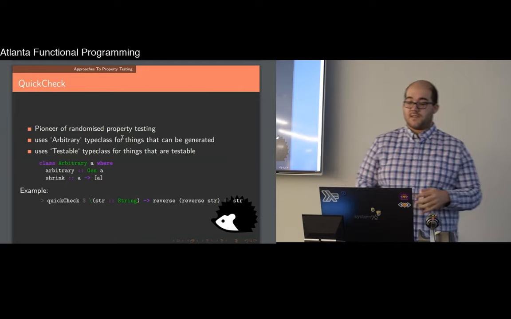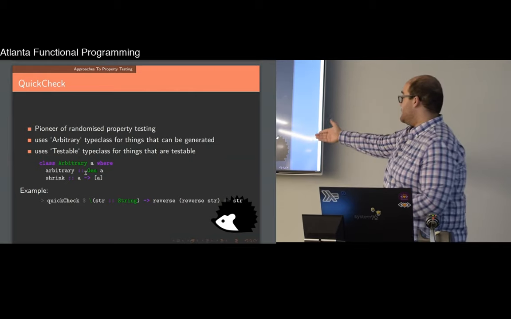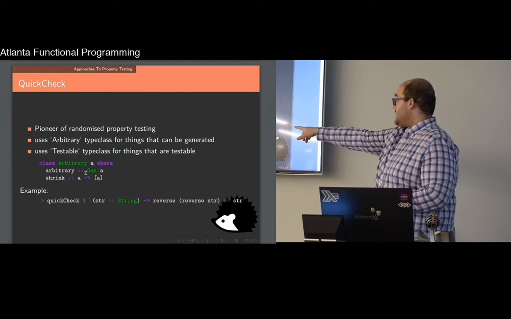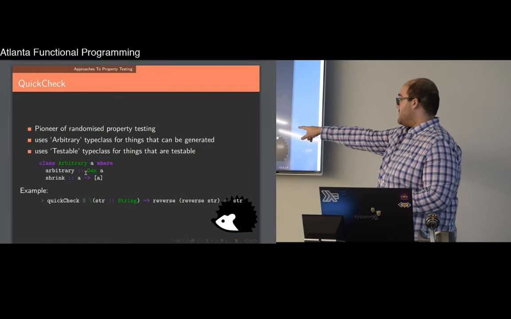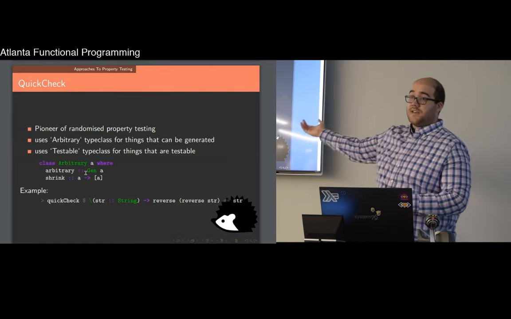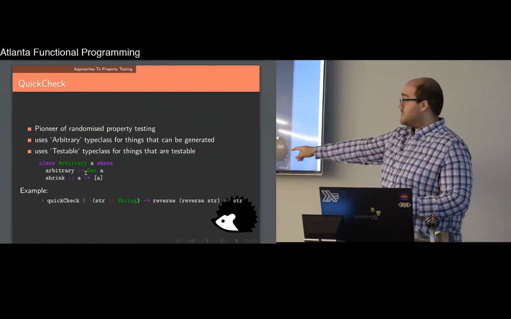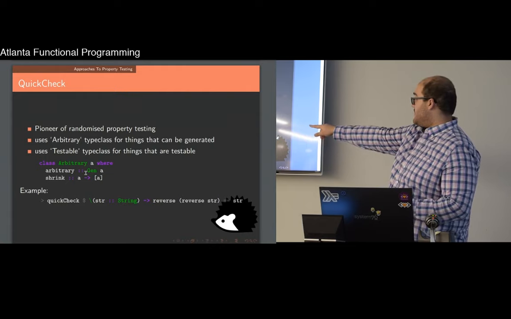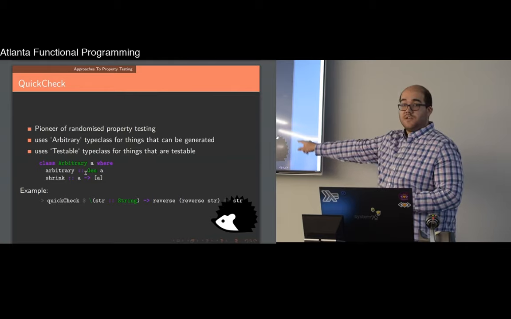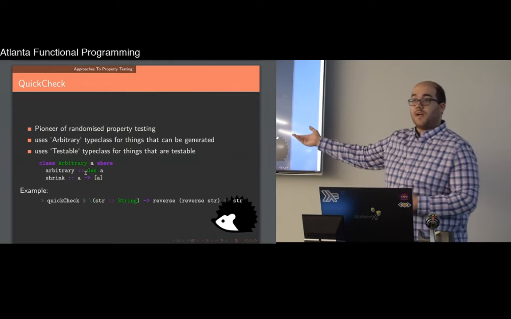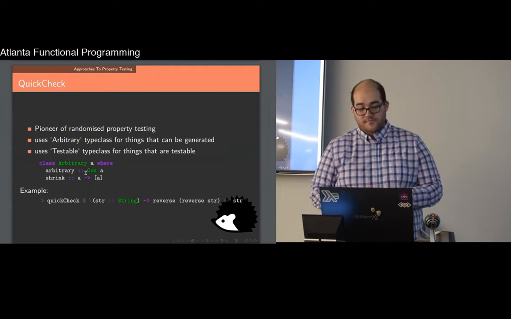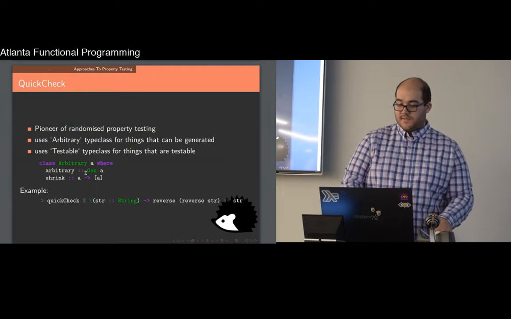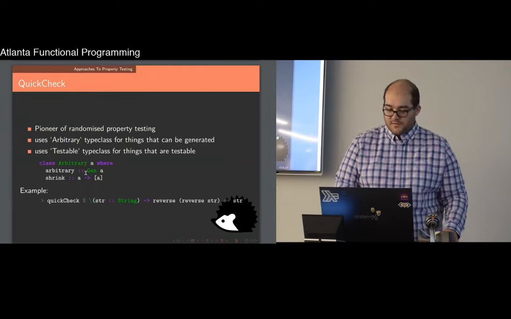So in this example right here, you're passing QuickCheck a function which has one argument, which is a string, and strings have an Arbitrary instance. So this will actually generate a random string and then check that if you reverse it and then reverse it again, you'll get the original string back. And then that would just say, passed 100 tests, or whatever the default is.